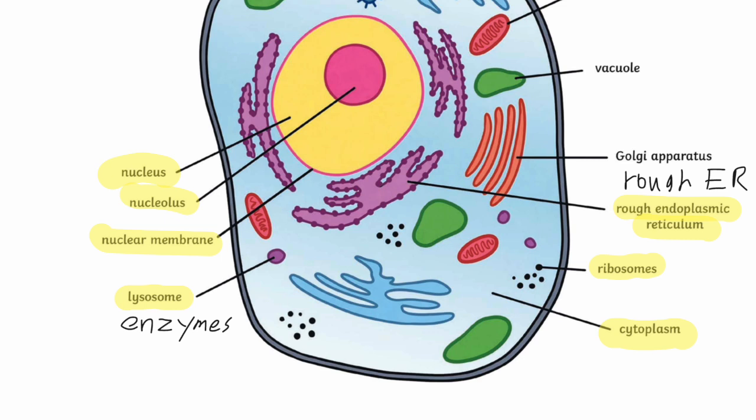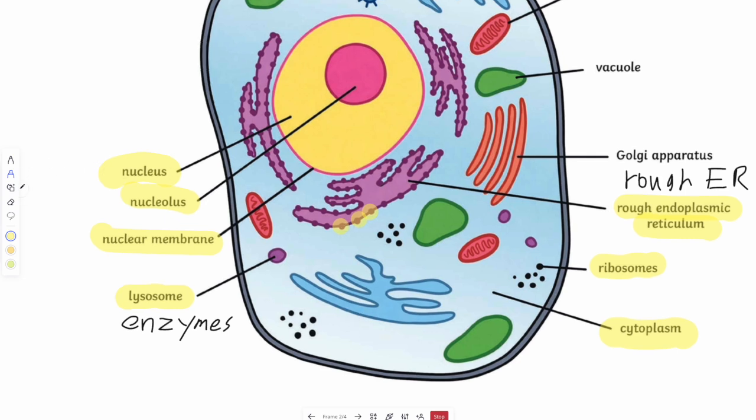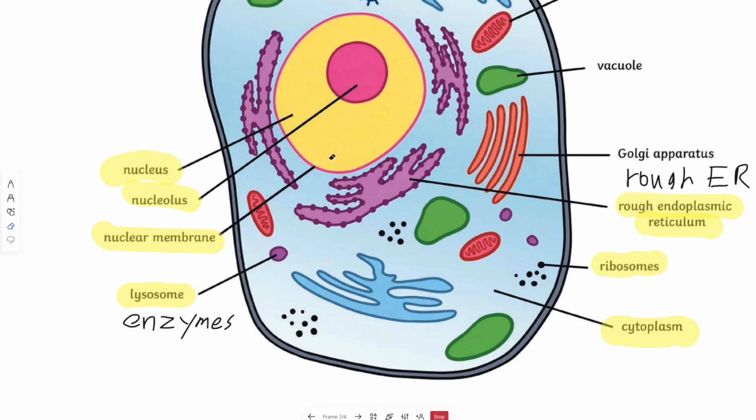The rough ER has ribosomes on it. As you can see over here, you can see these dots. These are basically ribosomes. They attach themselves to the rough ER, and it goes through protein synthesis and makes proteins.